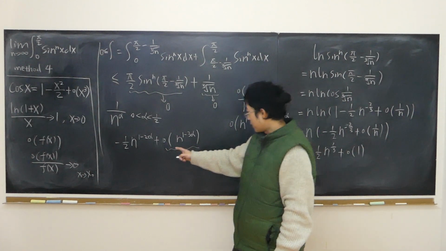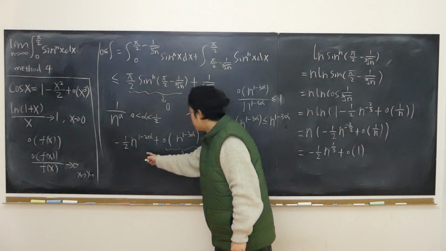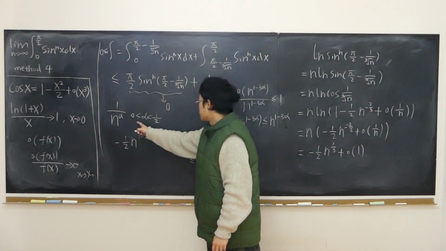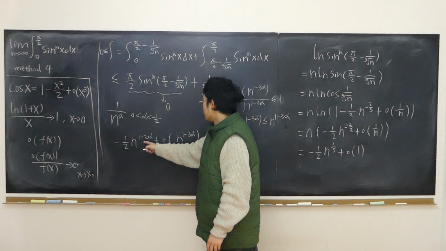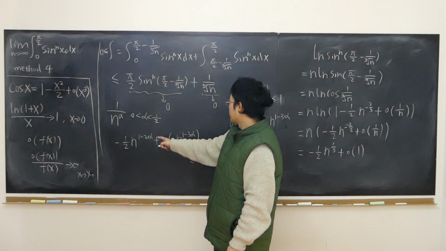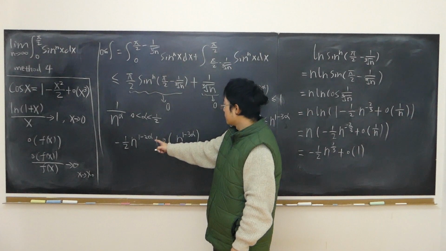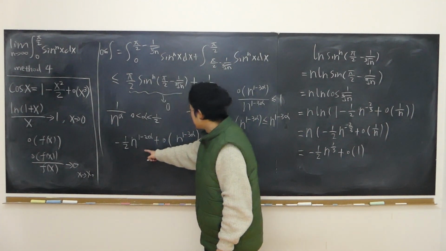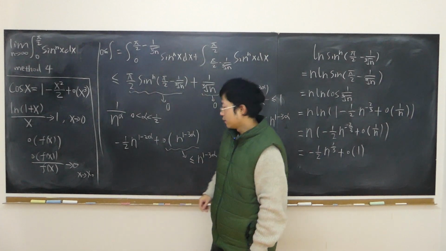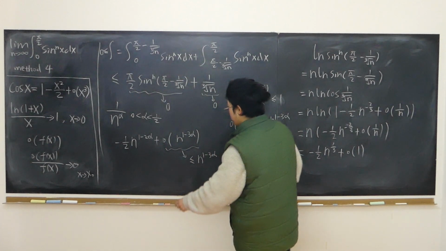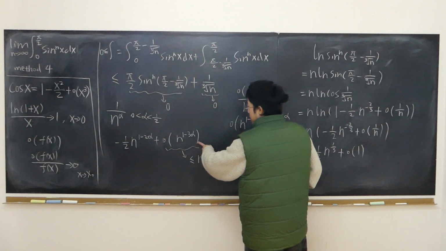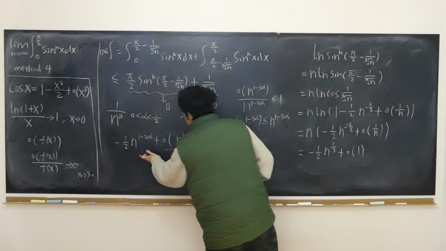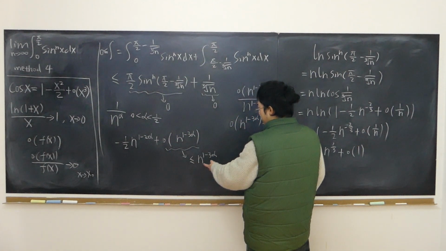Because alpha is less than half and larger than 0, 1 minus 2 alpha is strictly larger than 0. In that case, of course, this quantity easily approaches negative infinity. And all I need to show now is that this quantity does not affect the tendency of this negative infinity.